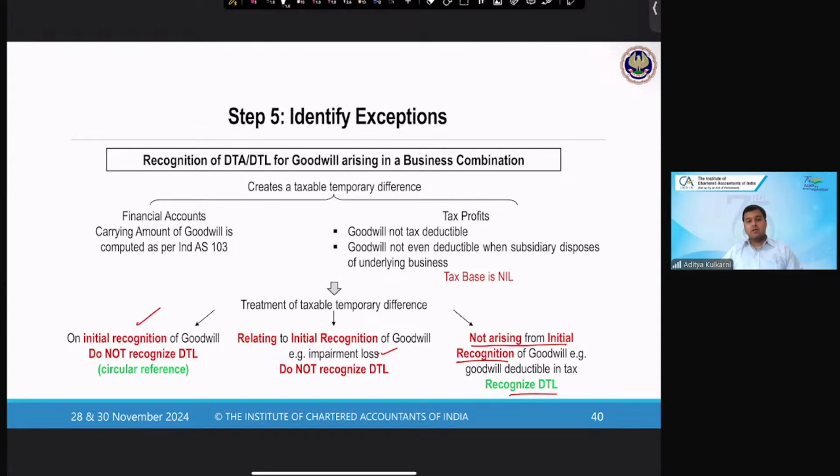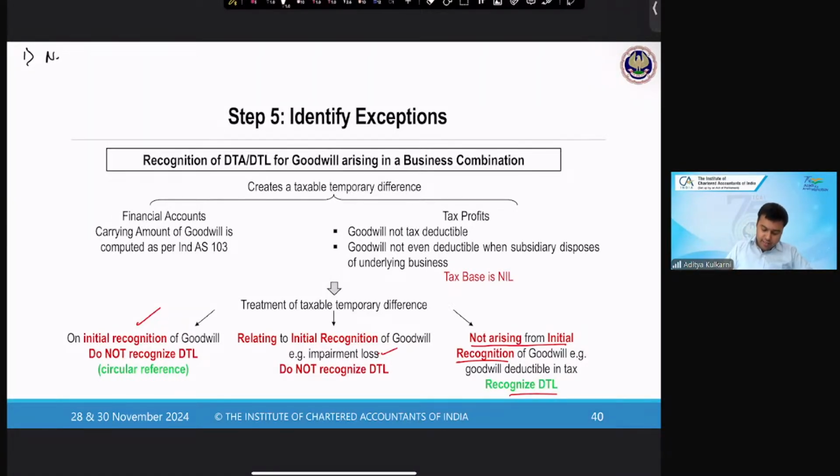Okay. Now, see, we studied goodwill in brief yesterday. Do you remember? Yes. We studied in brief goodwill. Why does goodwill arise?